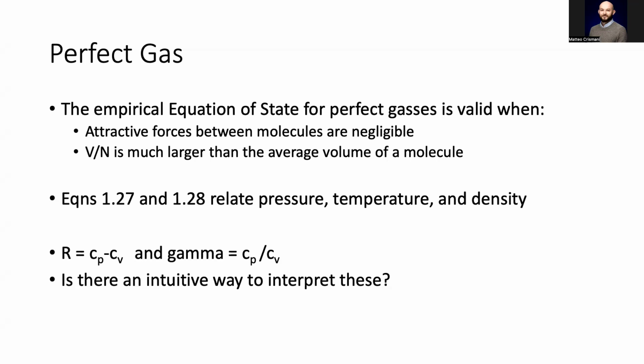Some equations of state do not depend on NkT, and they depend on other things, like sometimes P times V to the power of a number is a constant. We'll see that in a second. Sometimes they have really weird equations of state where it goes like the temperature to a power. So depending on whether or not these two conditions are true, that's the only time that you get the one we don't love. Almost all the other times, it's not true.